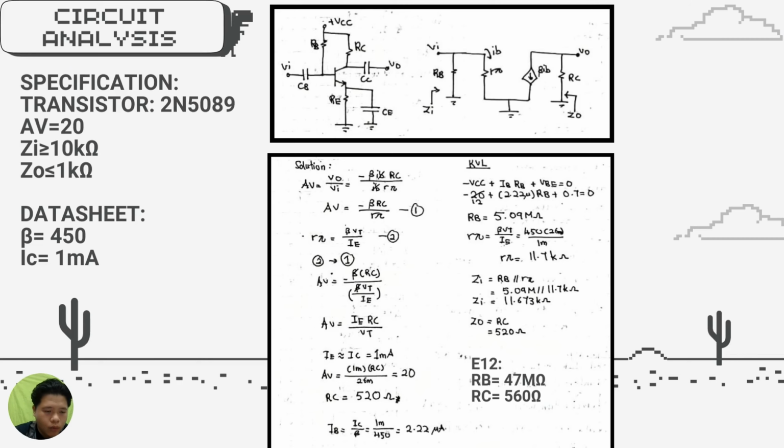We get IB is 2.22 microampere. Now we know IB, we can put it in the KVL equation: negative 12 plus 2.22 micro times RB plus 0.7 for VBE.